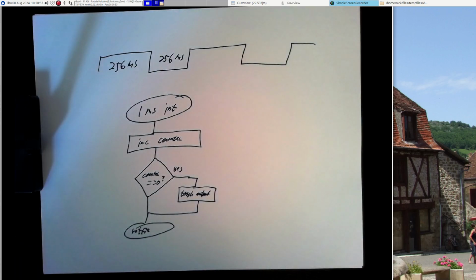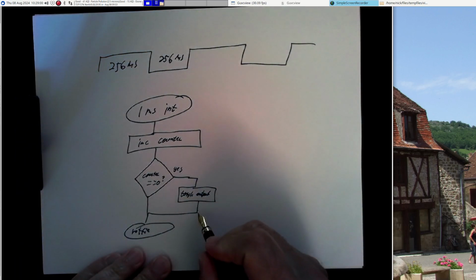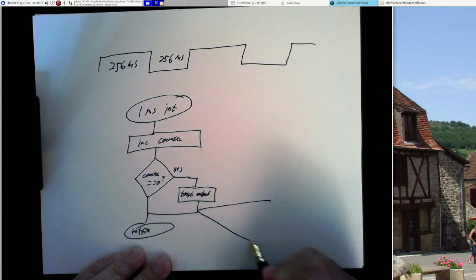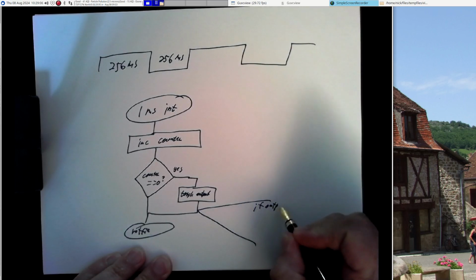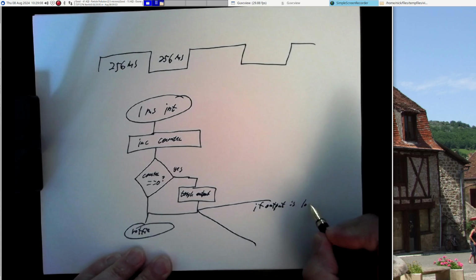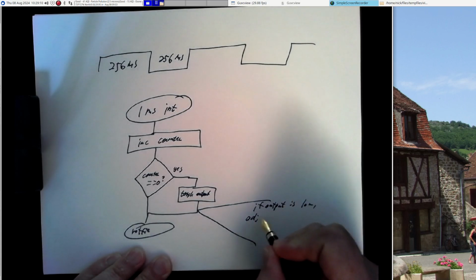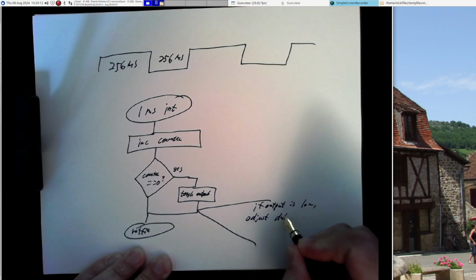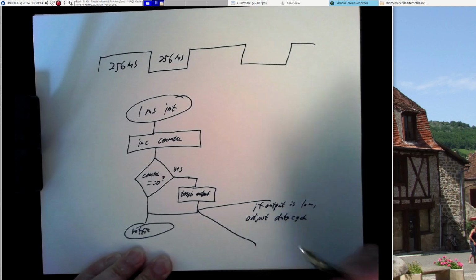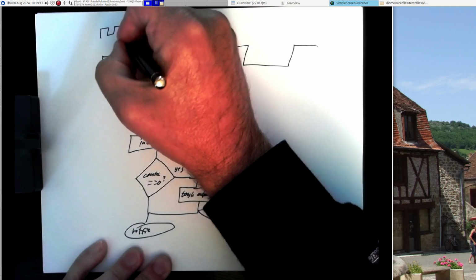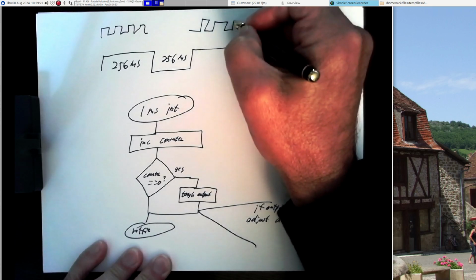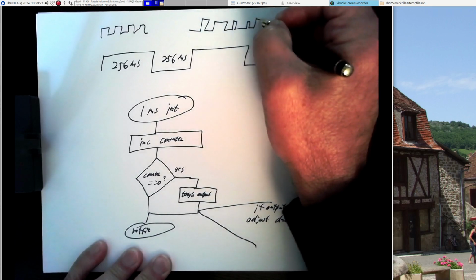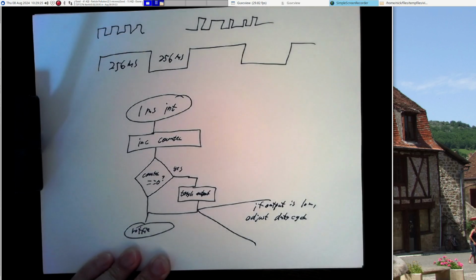And then if we want to also deal with this business of the duty cycle, what we can do here is say if output is low, adjust the duty cycle. So we have a separate waveform being generated at a much higher frequency, but it can have a varying duty cycle.